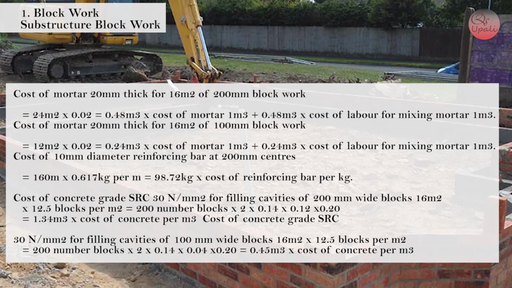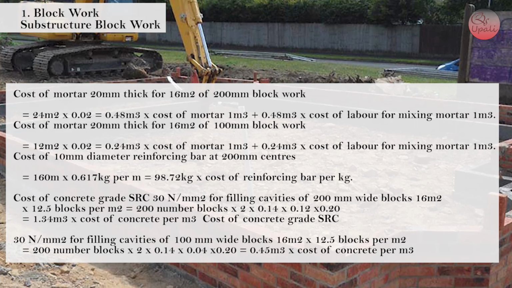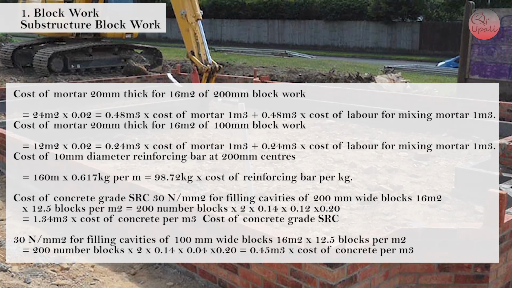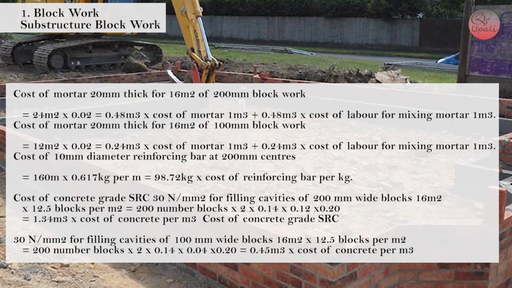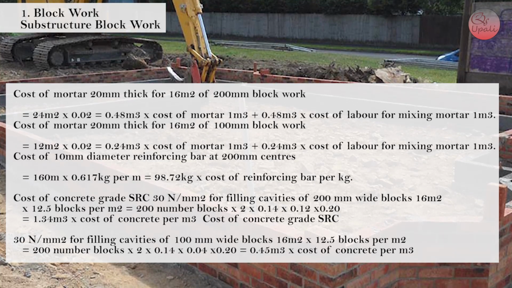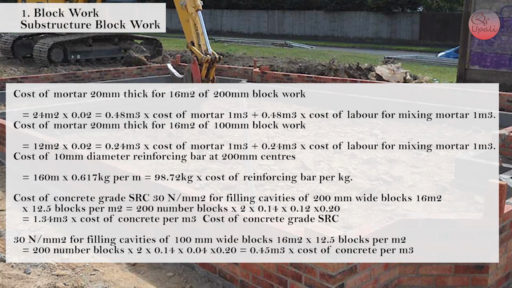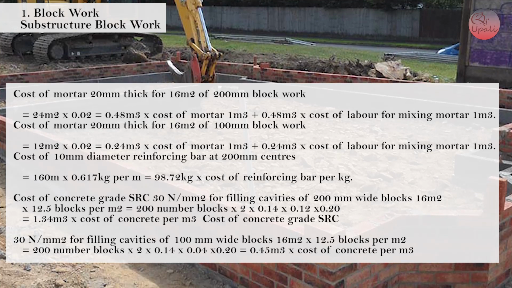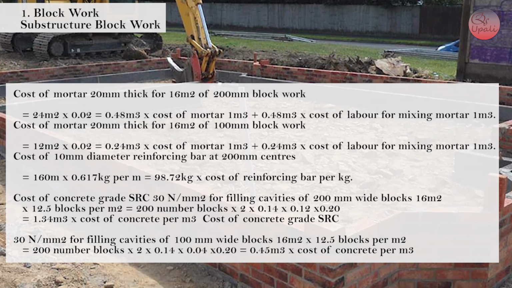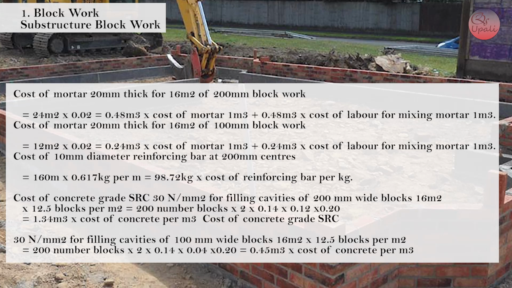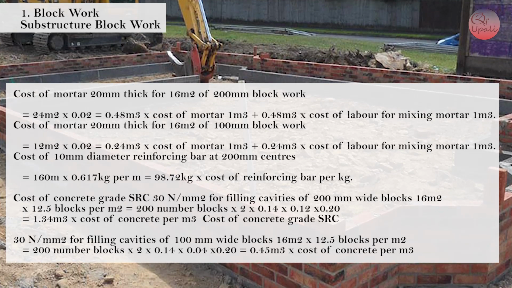Cost of 10 mm diameter reinforcing bar at 200 mm centers equals 160 meter into 0.617 kg per meter equals 98.72 kg multiplied by cost of reinforcing bar per kg.